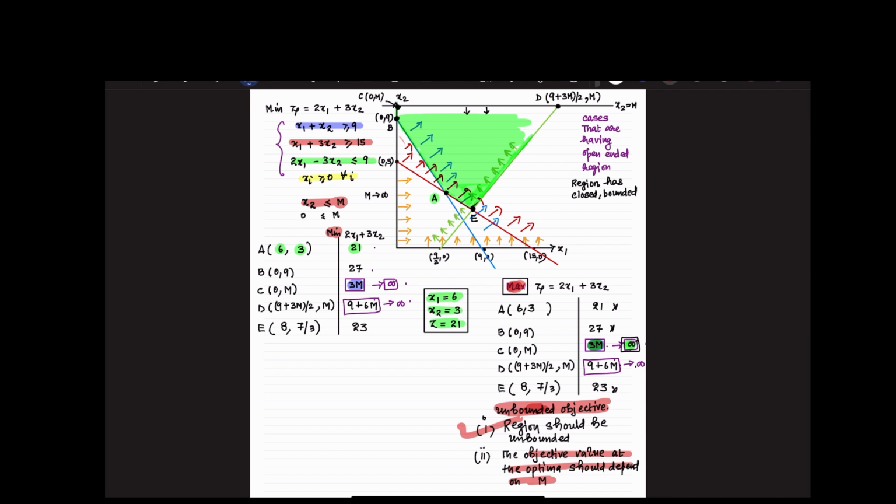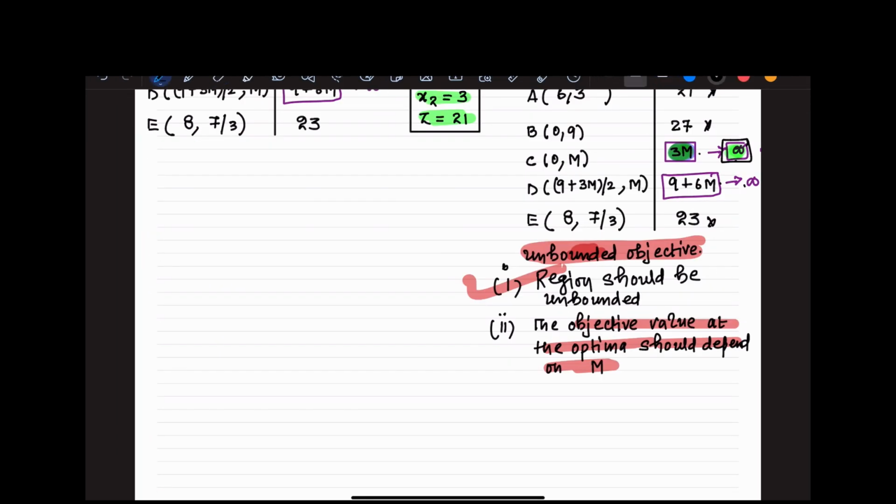So whenever you have regions that are unbounded, open-ended, आपको एक हाइपोथेटिकल कंस्ट्रेंट लगानी होती है जो लगाने से आपका रीजन बंद हो जाए। So I'll just write this.